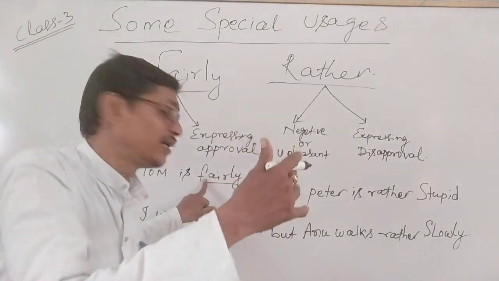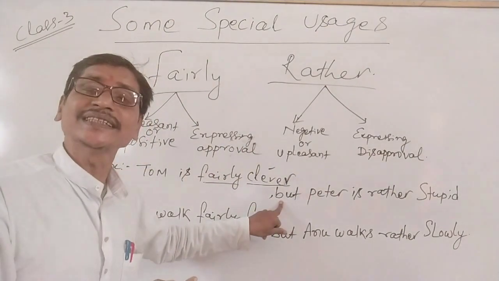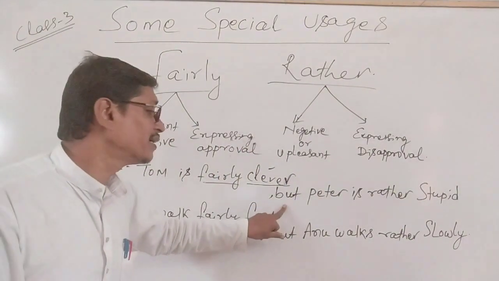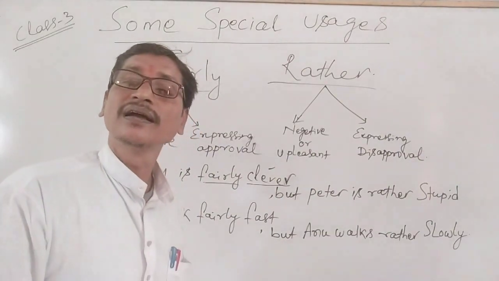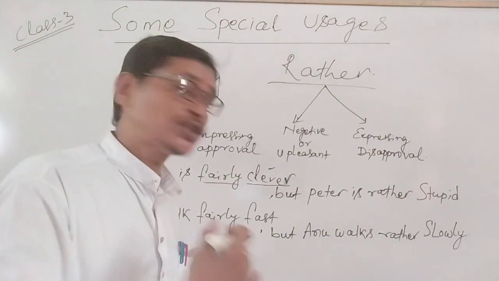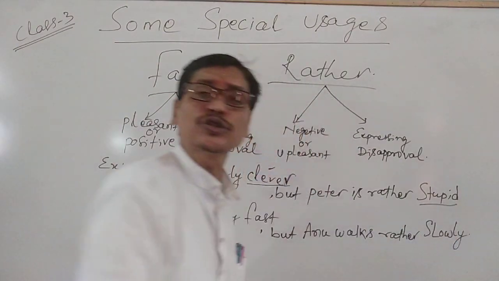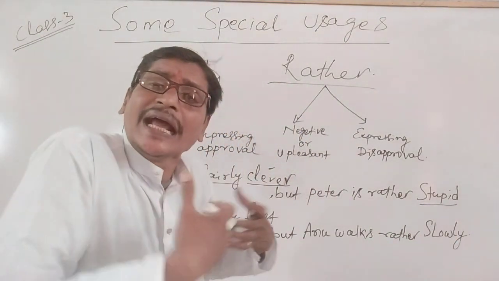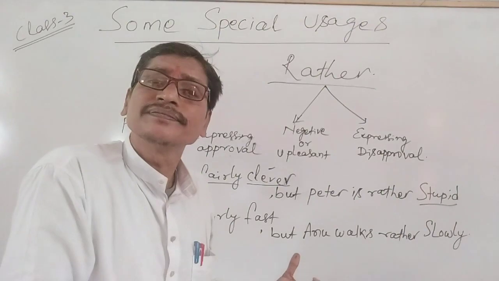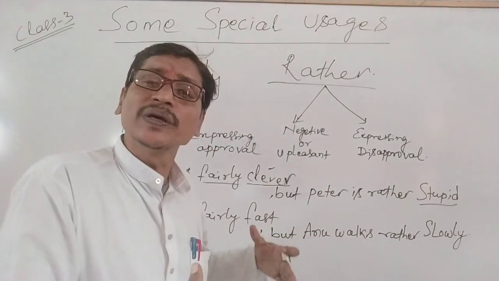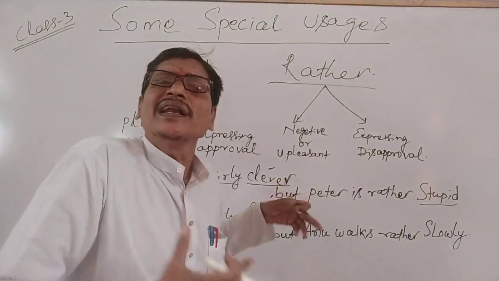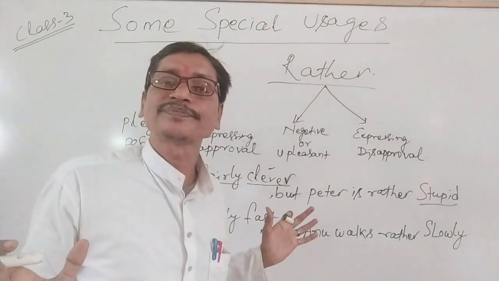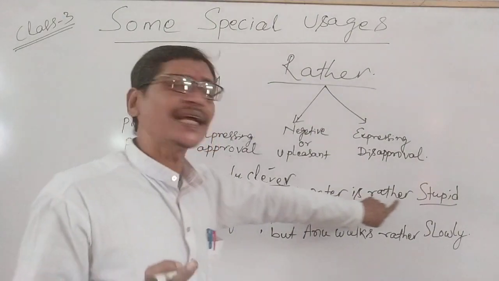On the other hand, here you see another sentence. But Peter is rather stupid. Peter is rather stupid. Here we are talking about stupid, which is a negative thing, or we think of it negatively, and we feel it is unpleasant. So, Peter is rather stupid.